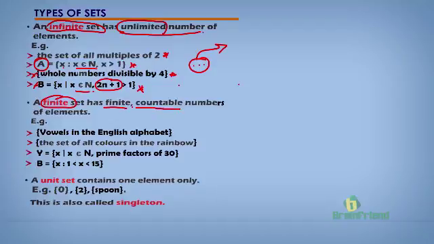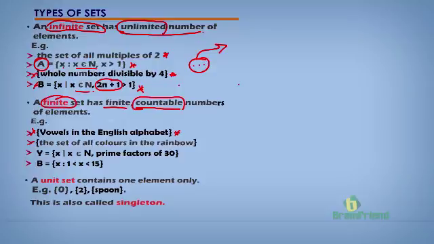An example of a set that is countable is the set of all vowels in the English alphabet. Of course, if I asked you to tell me the vowels in the English alphabet, you would quickly tell me A, E, I, O, U. So you have 5 vowels in the English alphabet, and therefore we refer to such a set as a countable one, which is referred to as a finite set.